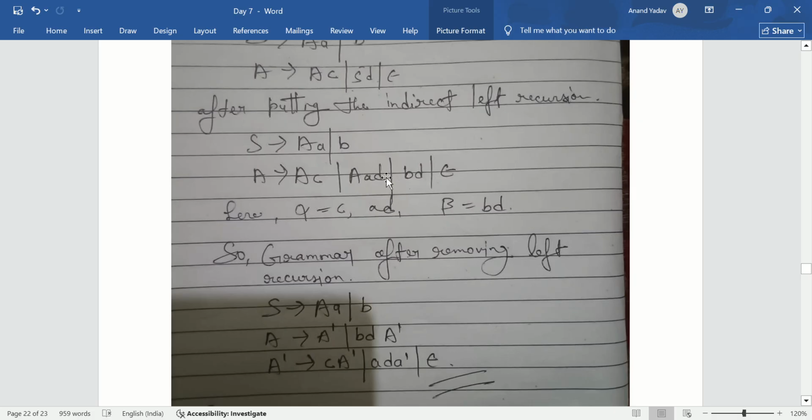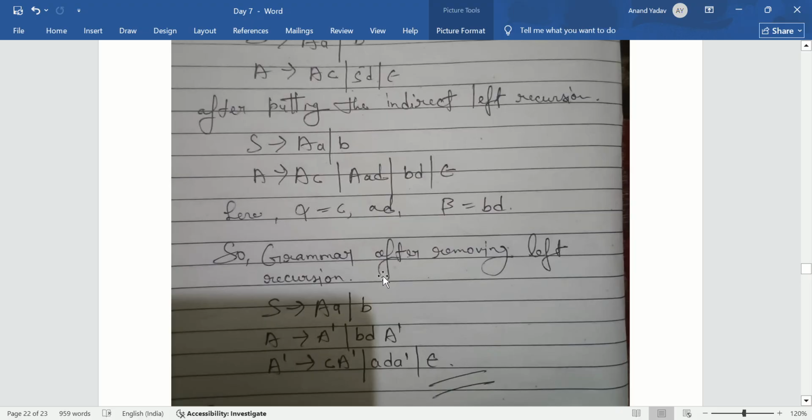Now we assume this right side element is equal to another variable: alpha is equal to C and AD, and beta is equal to BD. This is only terminal, so it will take another variable, and a terminal with a non-terminal will also take another variable.